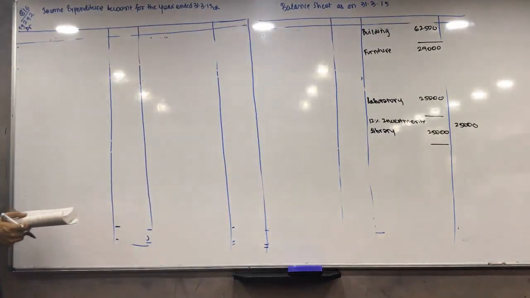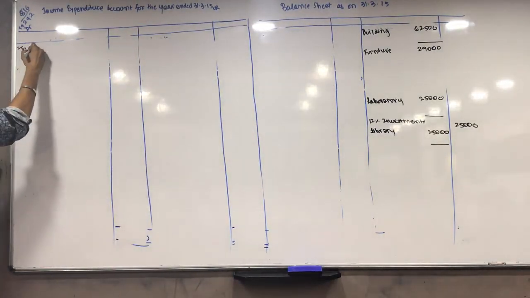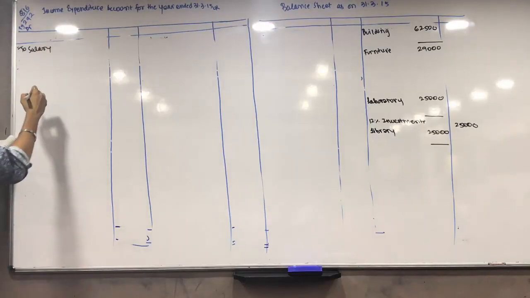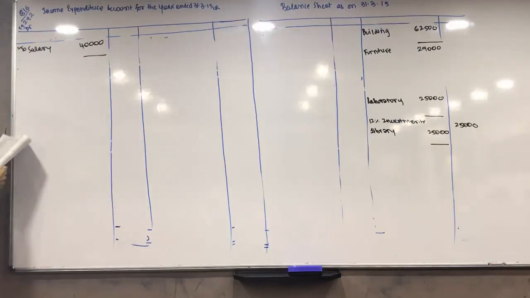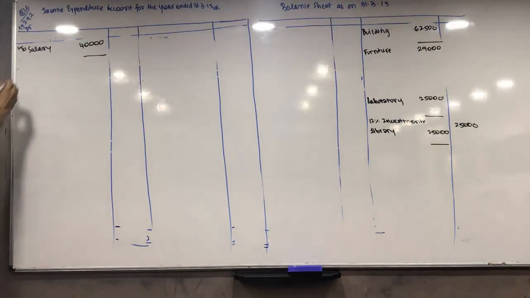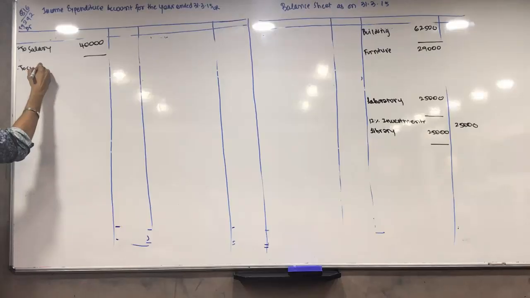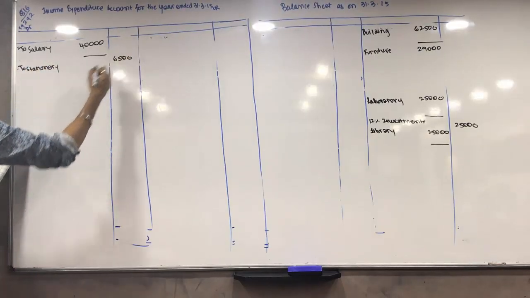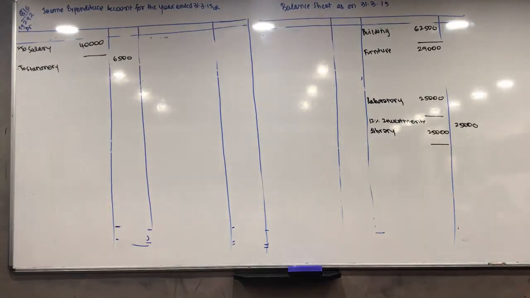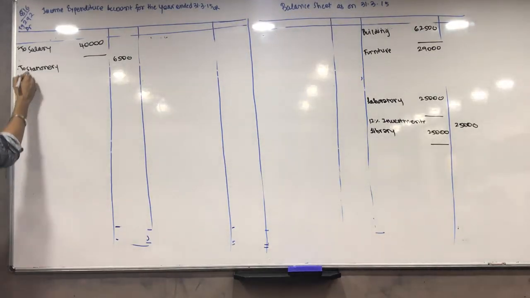Salary. To salary, inner column 40,000. Stationery. To stationery 6,500. Annual sports day expense 3,000.